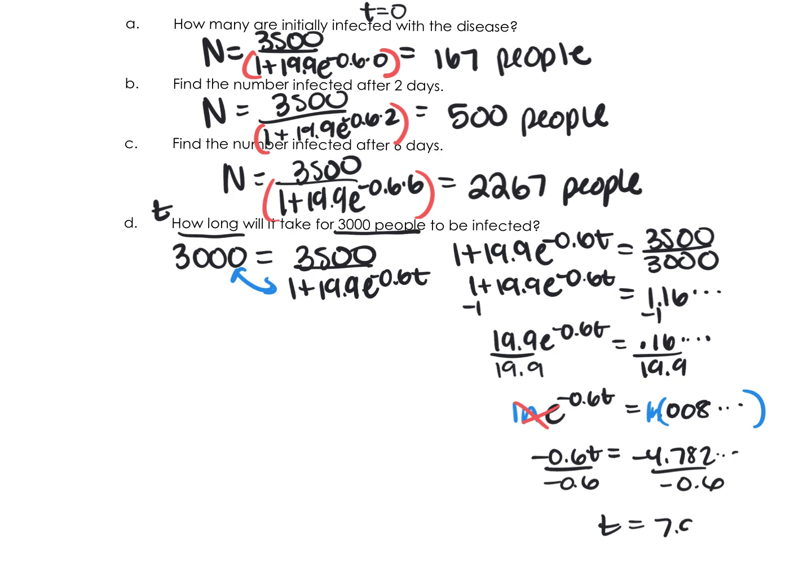We'll get 7.97, so we'll round to the nearest day and get 8 days.